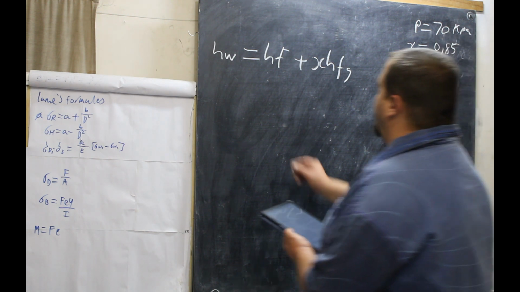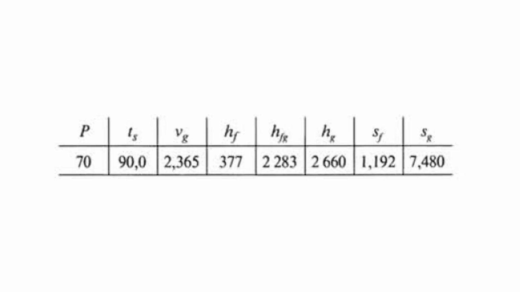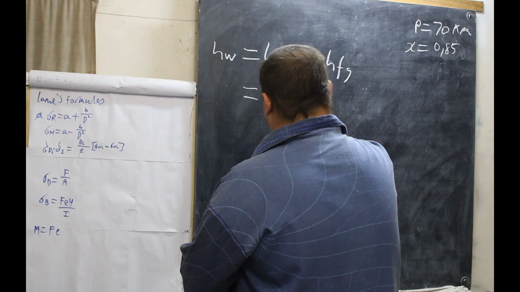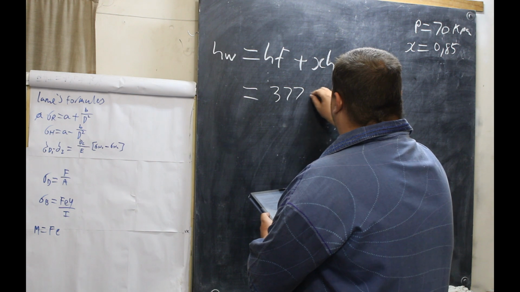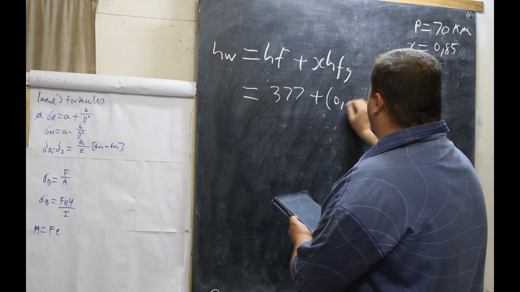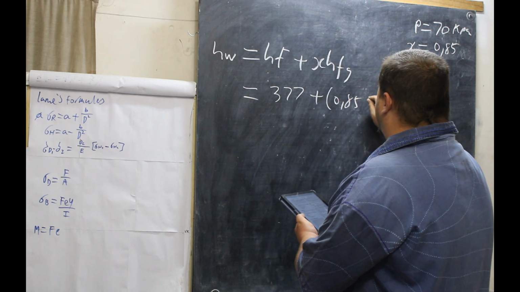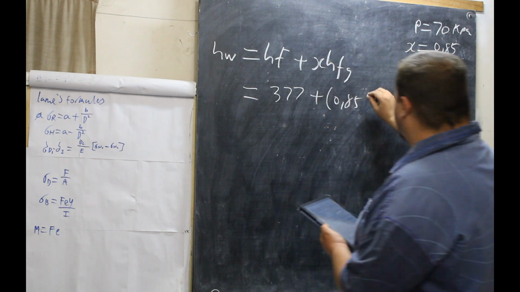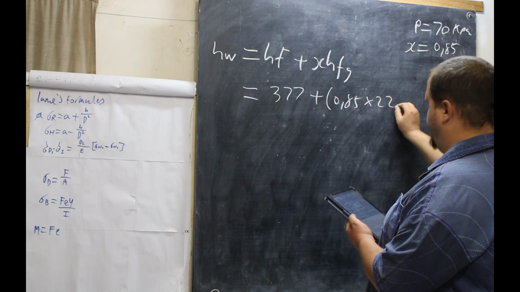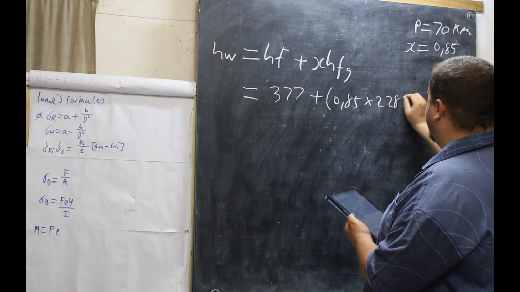So, now we look at our steam table and we get 377 plus 0.85 times 2283.